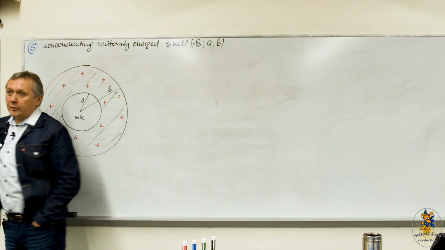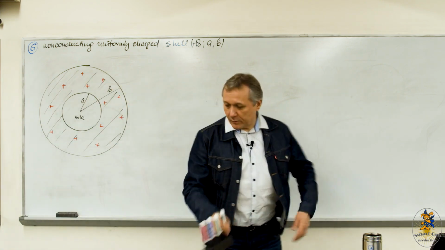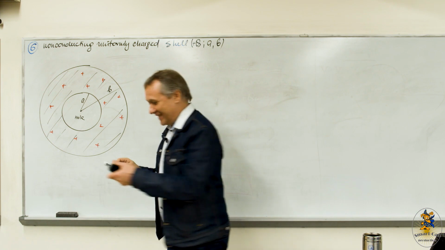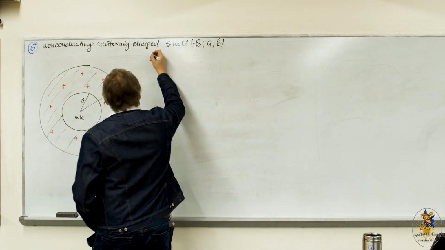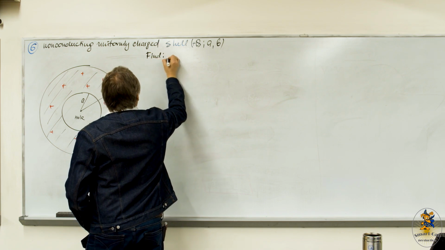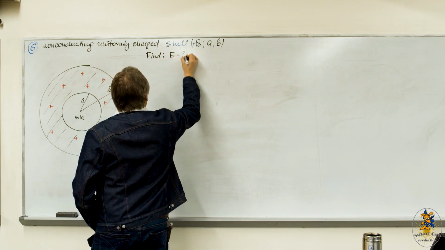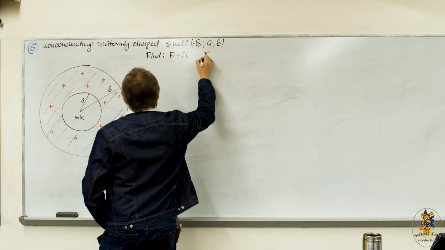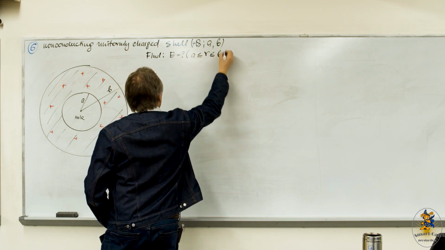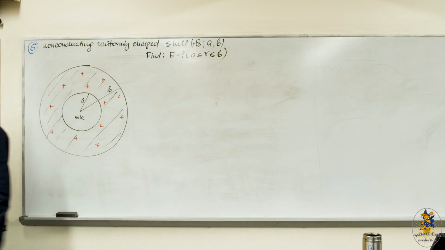Of course, electric field will be 0. Okay. So finding electric field over here will be trivial. So let's find the electric field in the shell. Okay, for r larger than or equal to A and less than or equal to B, in the shell.